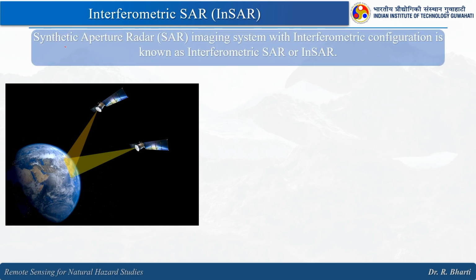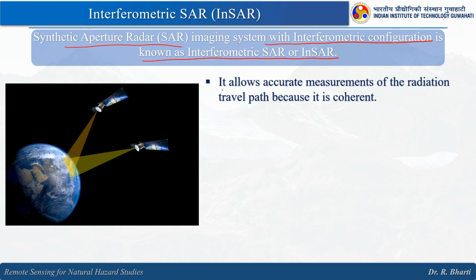When we talk about SAR, which is synthetic aperture radar, a system with interferometric configuration is known as interferometric SAR or InSAR, right. So it allows accurate measurement of the radiation travel path because it is coherent.